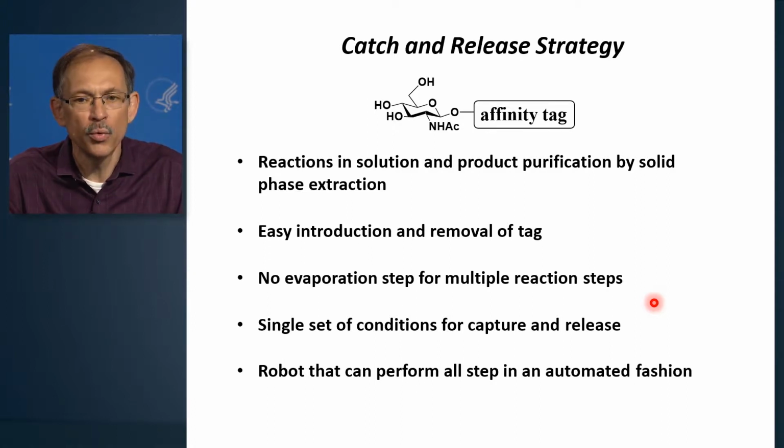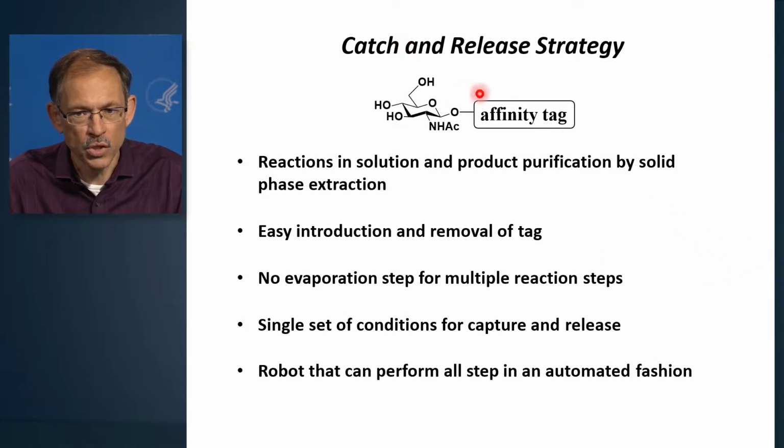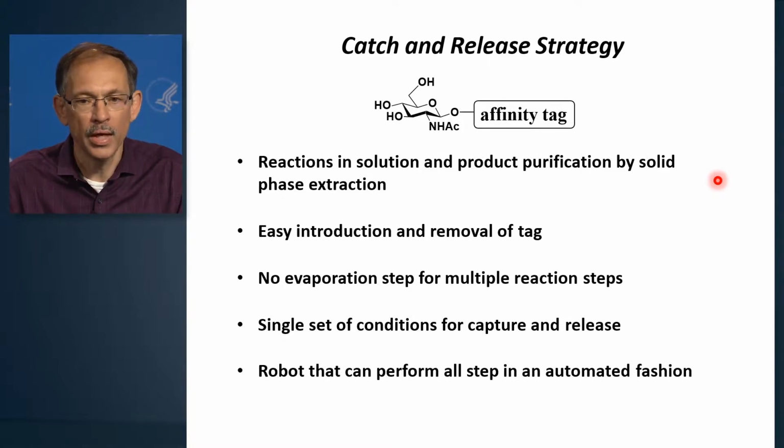So in a catch and release approach of synthesis, the reactions are performed in solution, and purification is accomplished by attaching the reagent through an affinity tag to a solid phase extraction resin, and then by washing, all excess reagents can be removed and the next step can be performed. This sounds easy, but it is actually very challenging.